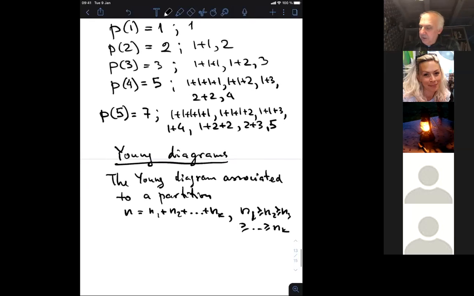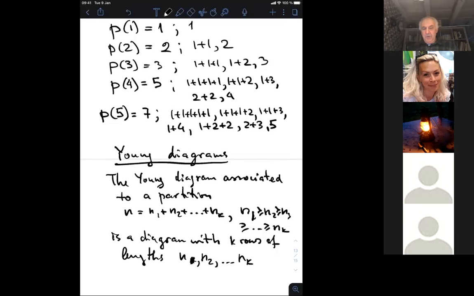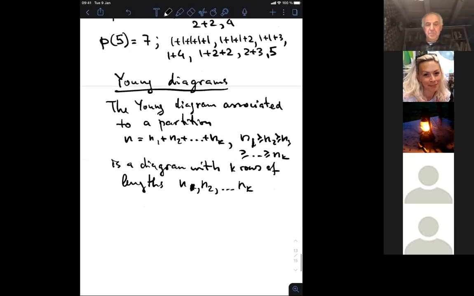So it is a diagram with k rows of blocks, of lengths n1, n2, and so on, nk. For example, that's a simple illustration.